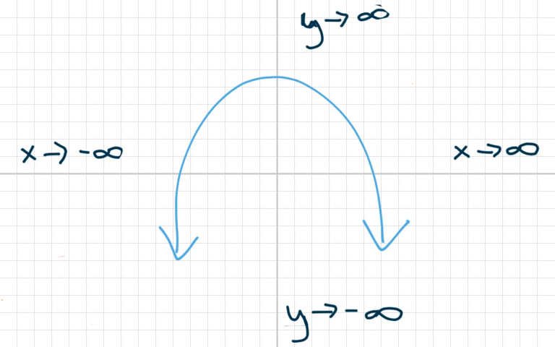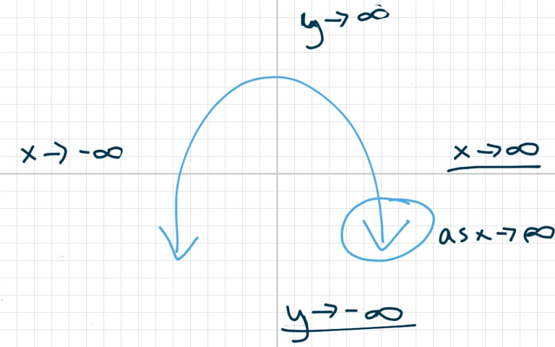Okay, so let's look at another graph. Here we have a graph that, by looking at the end behavior, I know has to be an even degree polynomial, because my end behavior is going in the same direction on both ends. And since it's going down, I know that the leading coefficient has to be negative. With that said, let's do the right side. It is in the fourth quadrant, where as x approaches positive infinity, y approaches negative infinity.